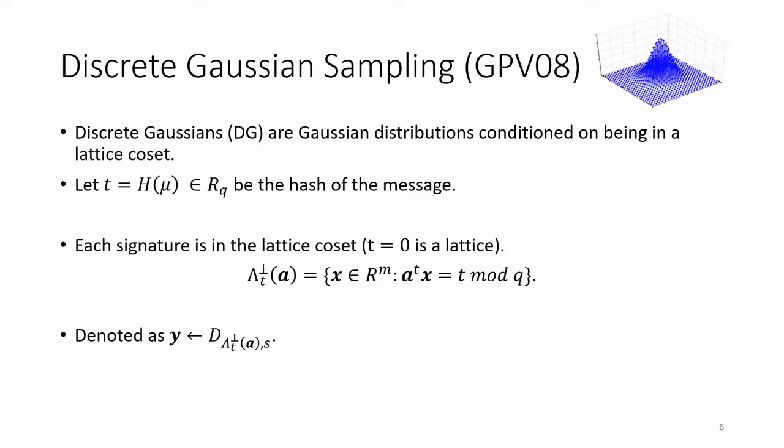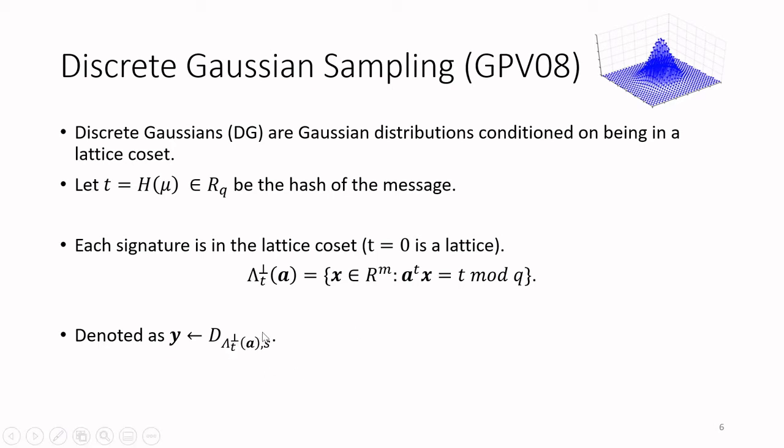Now, discrete Gaussian sampling, oftentimes we denote efficiently sampling from this distribution as sampling over this D here. And S you can think of just as the width of the vector, or the average width, that it's going to produce.